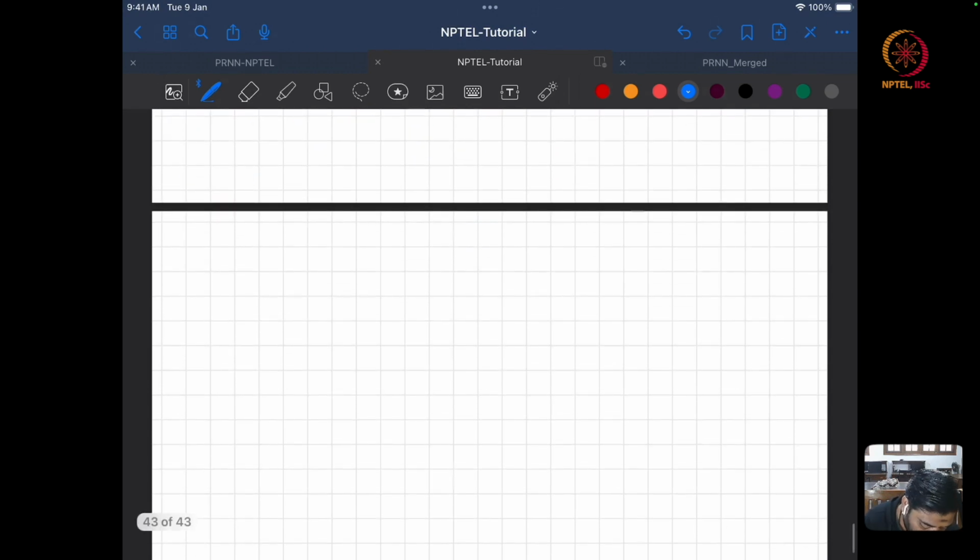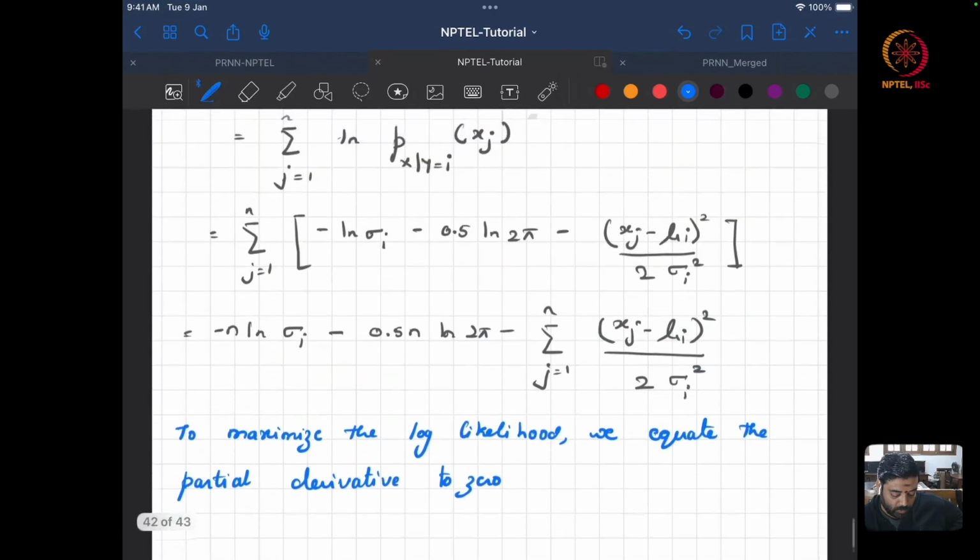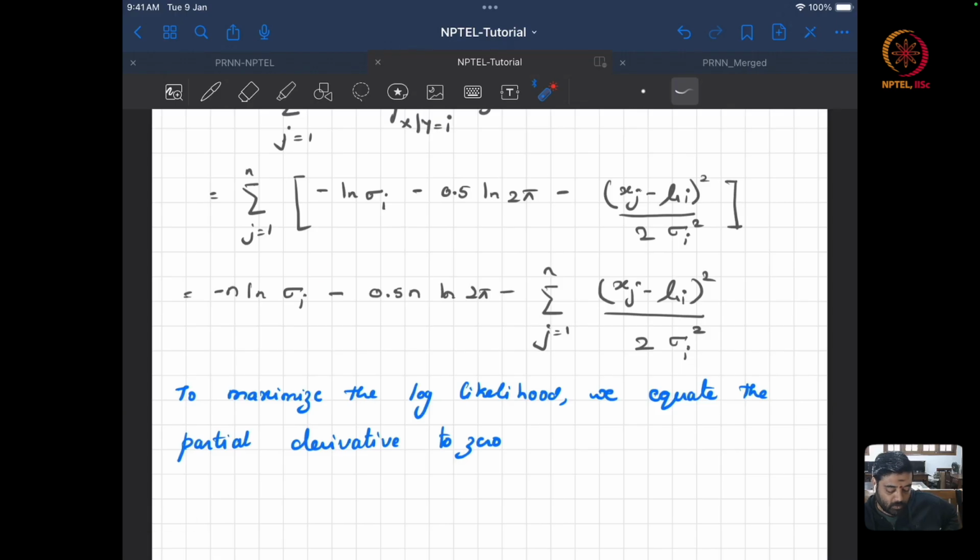Okay, so now you take the partial derivative with respect to this. This is a constant with respect to sigma, so no need to worry. So this will come out, and this whole thing can be considered as a constant.